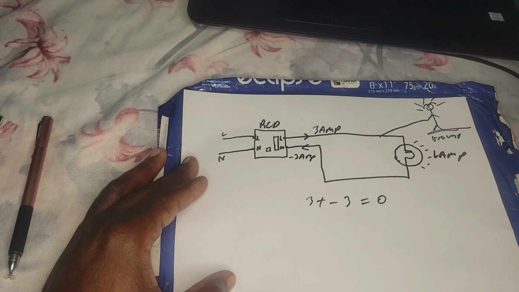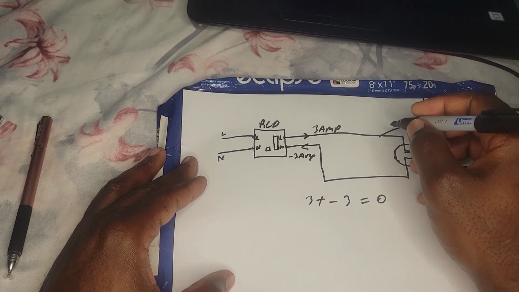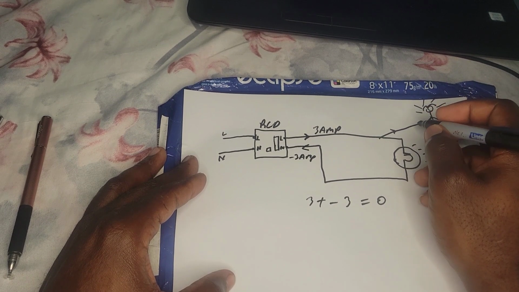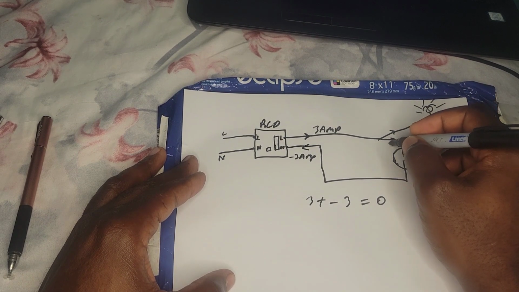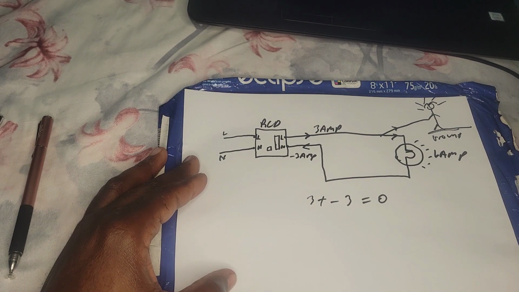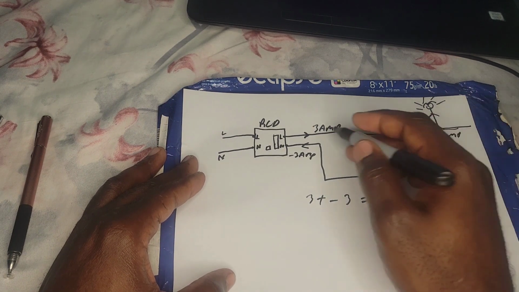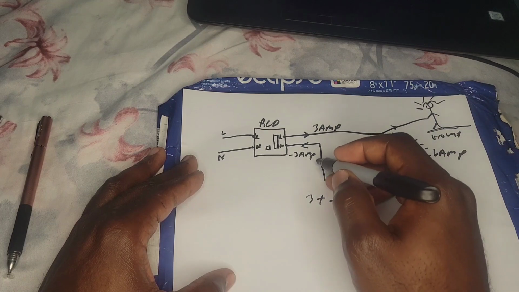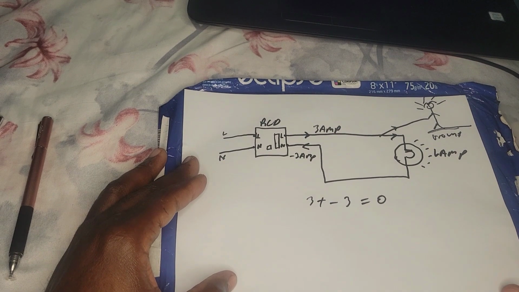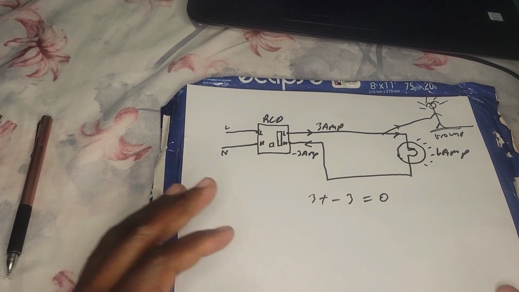So you know what is going to happen? Some of the 3 amp is going to go through that boy, and some is going through the light. So guess what? Not all of the 3 amp will go back to the neutral. So the summation current transformer will say, no, something is wrong.